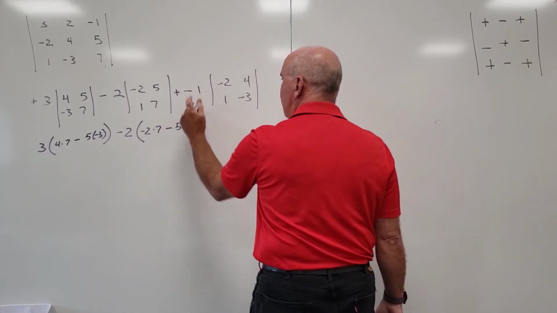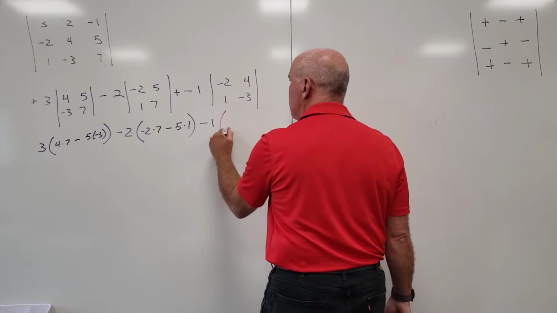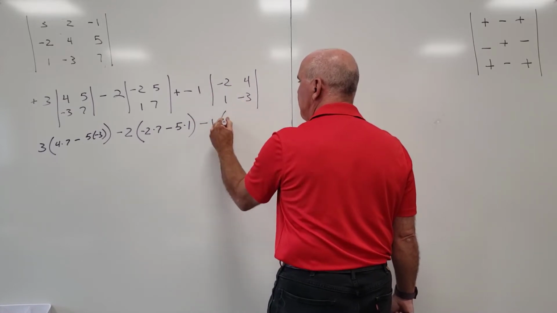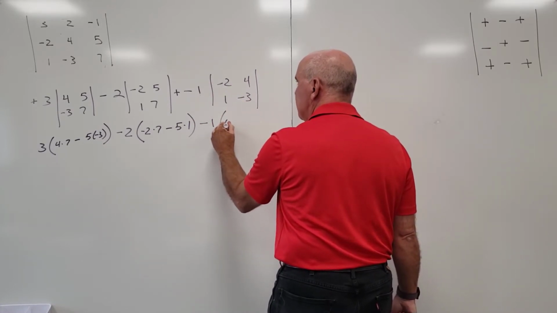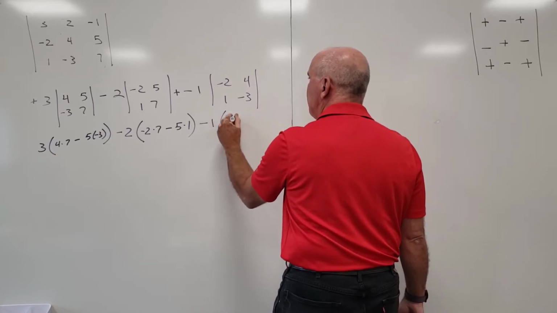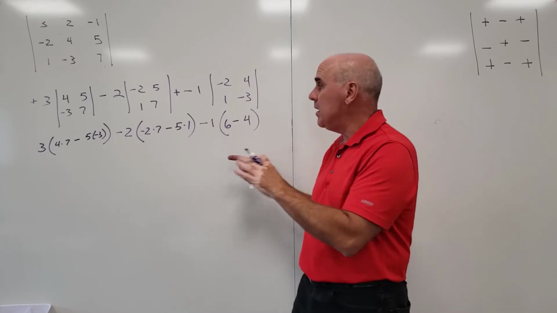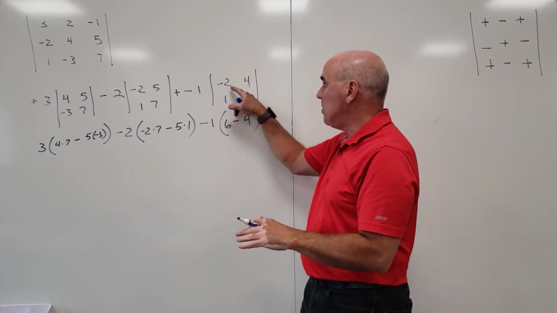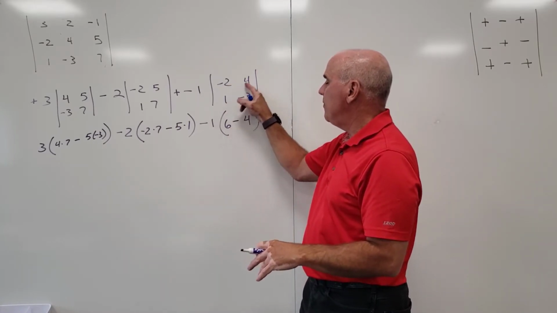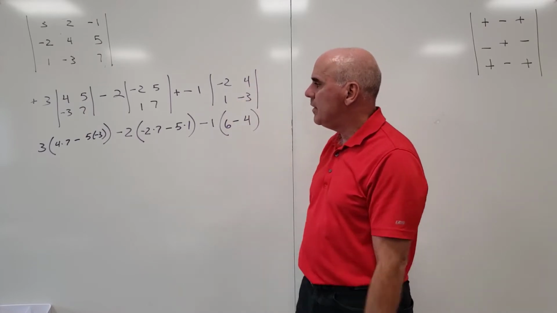And then plus a -1, so that says subtract 1 times (-2 times -3, that's a 6, minus 4 times 1, that's 4). I kind of skipped a step there: I just multiplied -2 times -3, and 4 times 1.